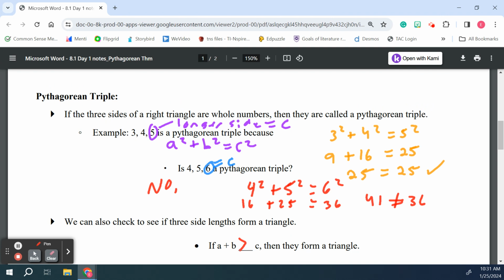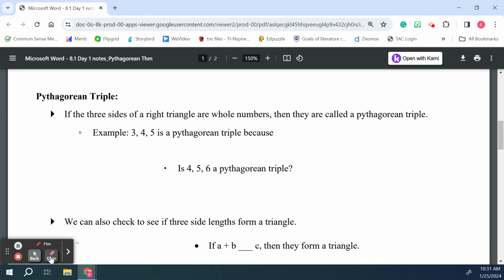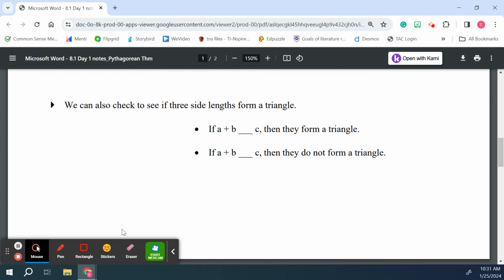So if those two add up, they're a triangle, and they have to be bigger than C. If it's less than or equal to C, then it's not a triangle to begin with. It means that it's kind of falling short. There's like a gap there. So the sum of the two legs has to be greater than the hypotenuse for it to be a triangle.